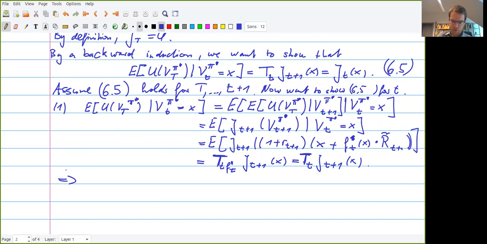And now we take the supremum over all decision rules F. Well, what do we get? We take the supremum over F, so we get J at time t. And here, this is independent of F, so it stays the same: T_t J_{t+1}(X).